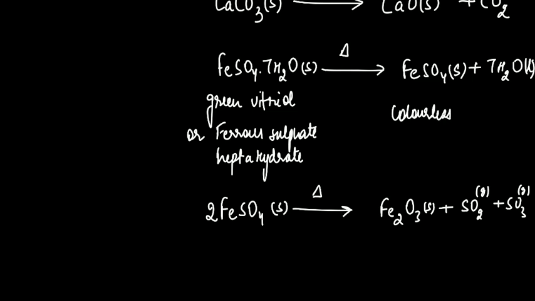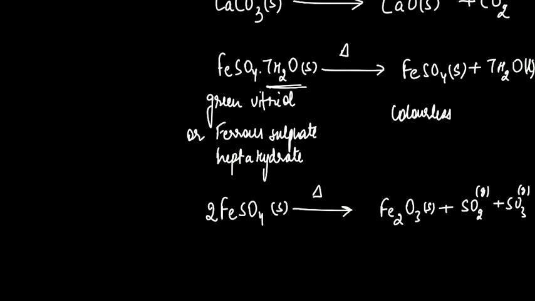Just remember, the green color is going to disappear if we heat it because the water has been removed. Most of the time, the color that the salts we study impart is because of the presence of water. If they do not have water of crystallization or water molecules bonded, they will not show color.